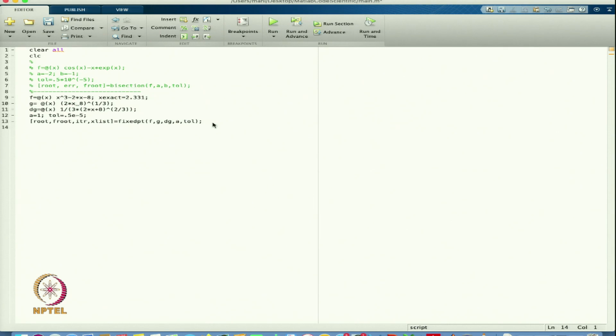Now, I want to find the error. So, error E is equal to the absolute value of x list minus x exact. It will give you the value of E, the error at each iteration. Now, I will get my Q, the factor I am finding.